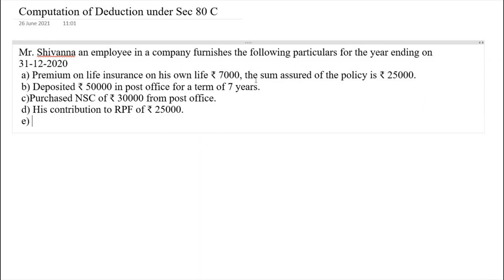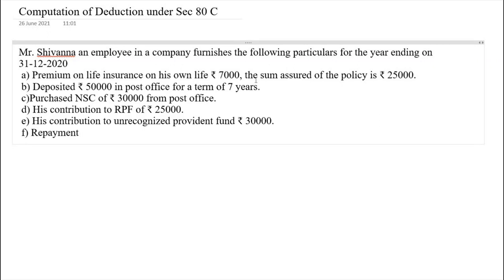Next, E, his contribution to unrecognized provident fund, rupees 30,000. Repayment of housing loan rupees 60,000, including interest of rupees 20,000.